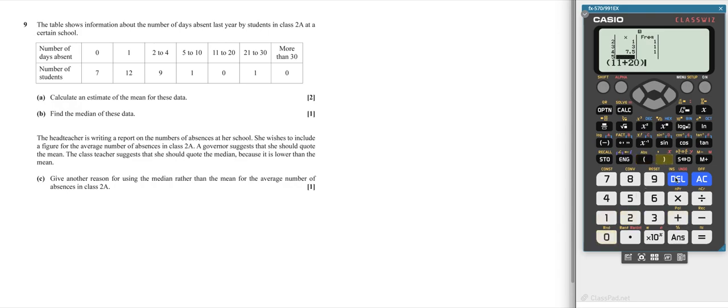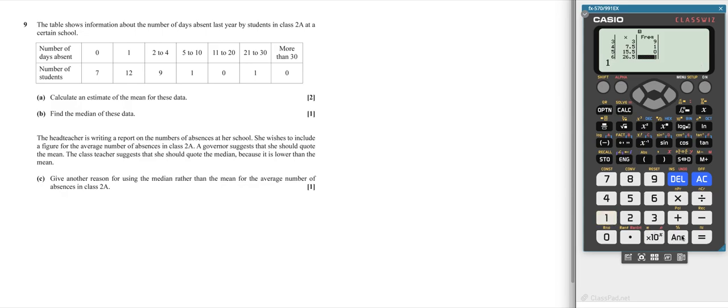So my X, I've got 0, 1, 2 to 4, so my midpoint is 3, 5 to 10, 5 plus 10 is 15, divided by 2 is 7.5. 11 to 20 divided by 2 is 15.5, and then 21 to 30, that's going to be 26.5. I don't need more than 30. Let's fill in our frequencies: 7, 12, 9, 1, 0, and 1.